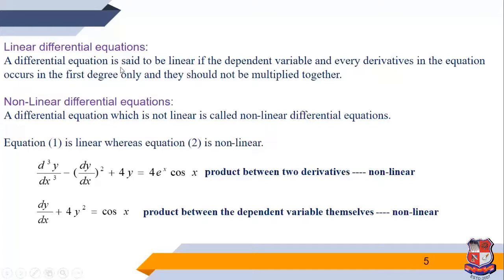A differential equation is said to be linear if the dependent variable and every derivative of the equation occur in the first degree only, and they should not be multiplied together.